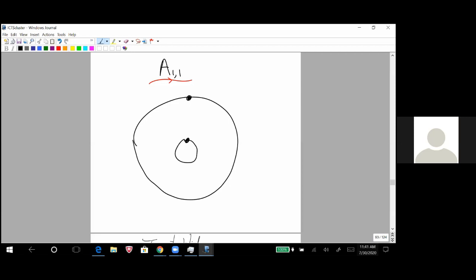We talked about this briefly last time. I'm going to label this arc A0, and this one that winds around the other way, I'll label A minus 1.